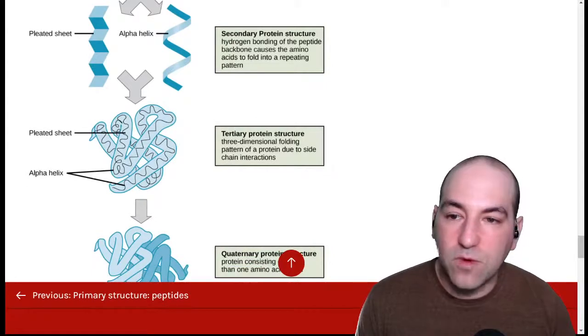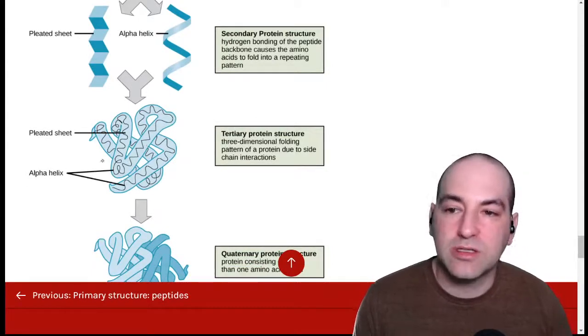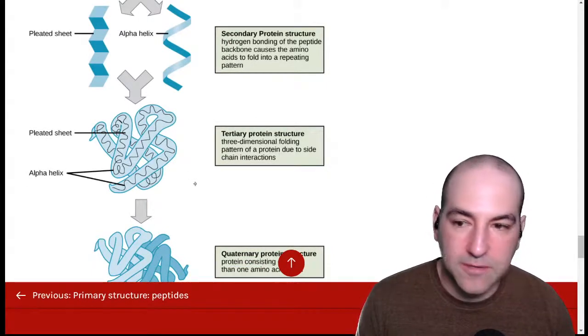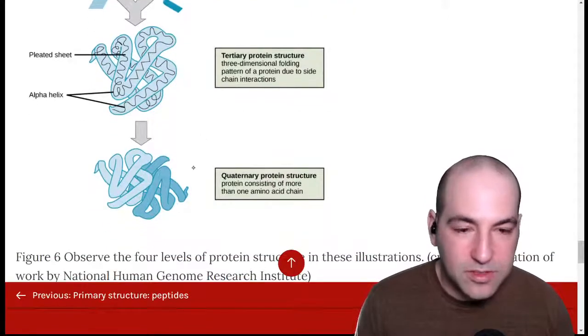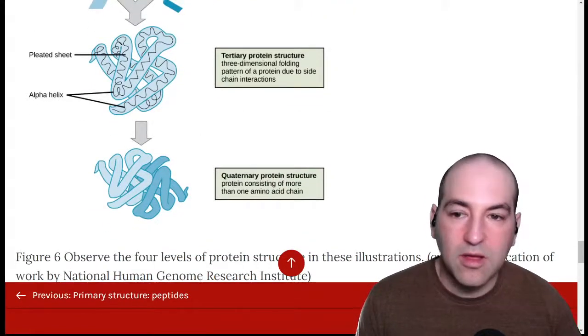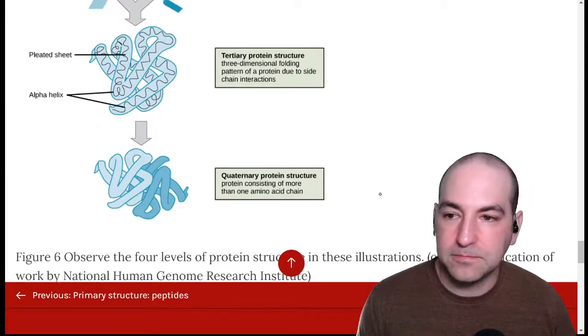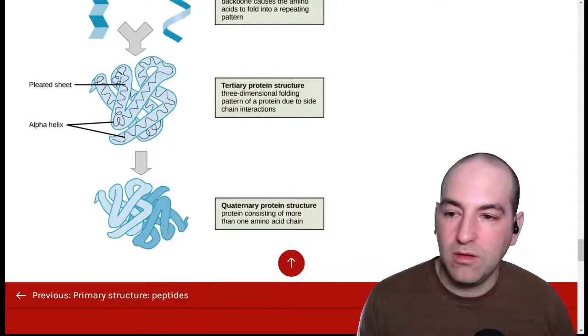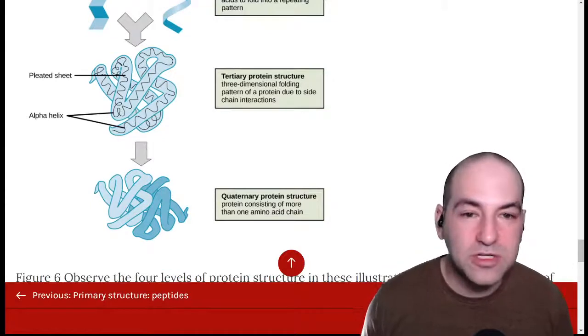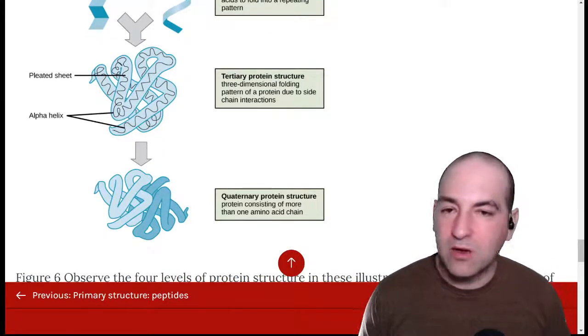Then those things fold onto themselves in three dimensions to make a tertiary structure. And then multiples of those could come together and make the quaternary structure. That's the final protein, the way that it would be in your body or wherever.